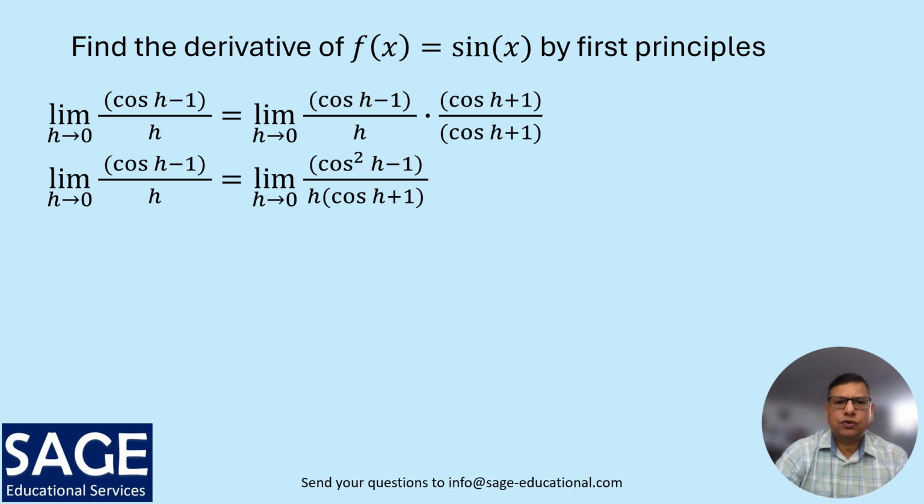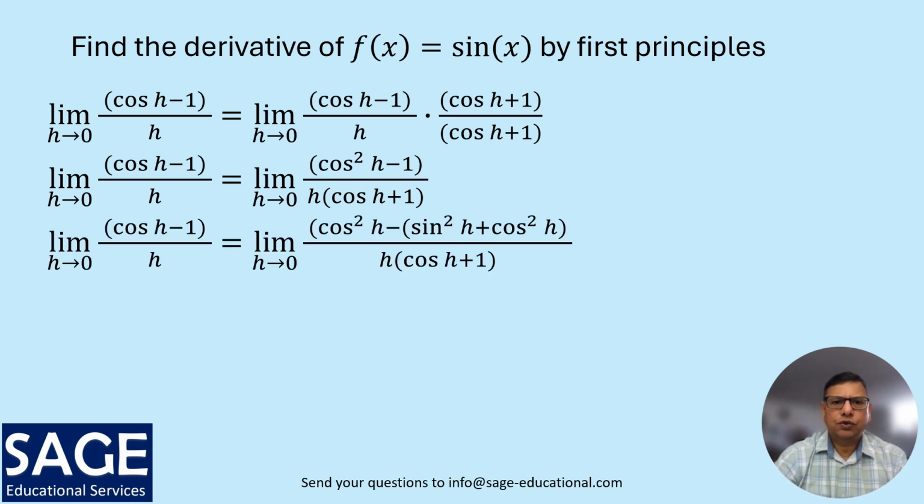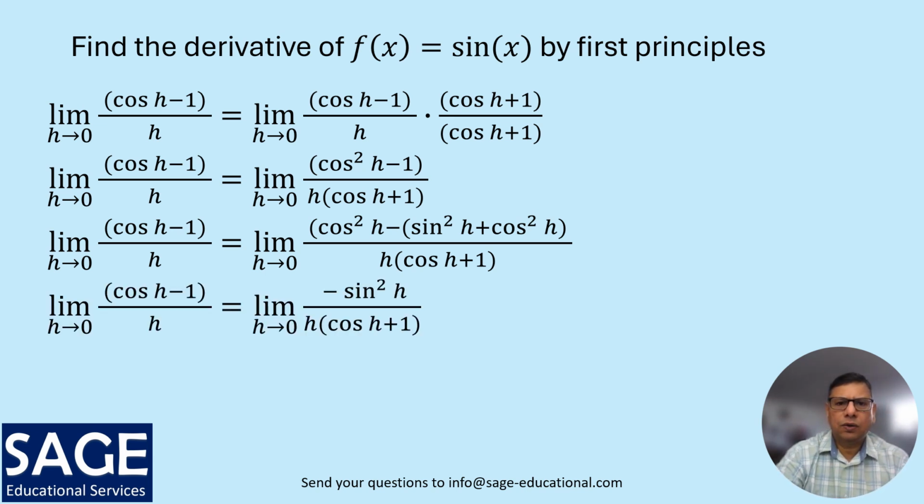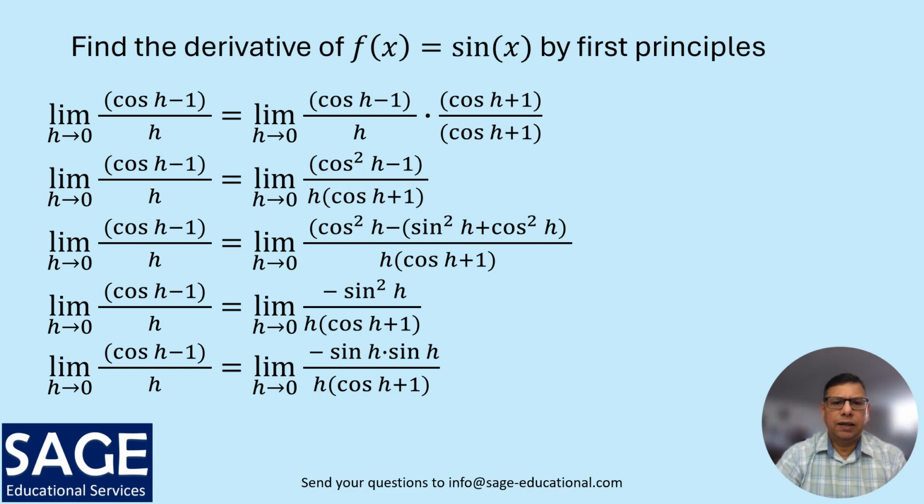Now cosine squared h minus 1 is actually equal to negative sine squared h, if you remember the trig identity that sine squared h plus cosine squared h is equal to 1. So I substitute that in there, and if I go on with the algebra, this will leave me with negative sine squared h over h times cosine h plus 1, which I can write as a product of two limits.